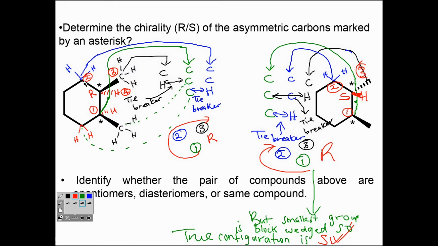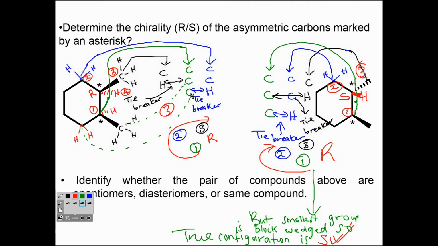For the blue, that carbon is bonded to a carbon, and it's bonded to 2 hydrogens, so we choose one of those hydrogens. So you get a tiebreaker first with the methyl, getting the methyl to have priority number 3, because of course hydrogen has priority number 4, and the methyl is the smallest of the 3 carbons attached to the asymmetric carbon.